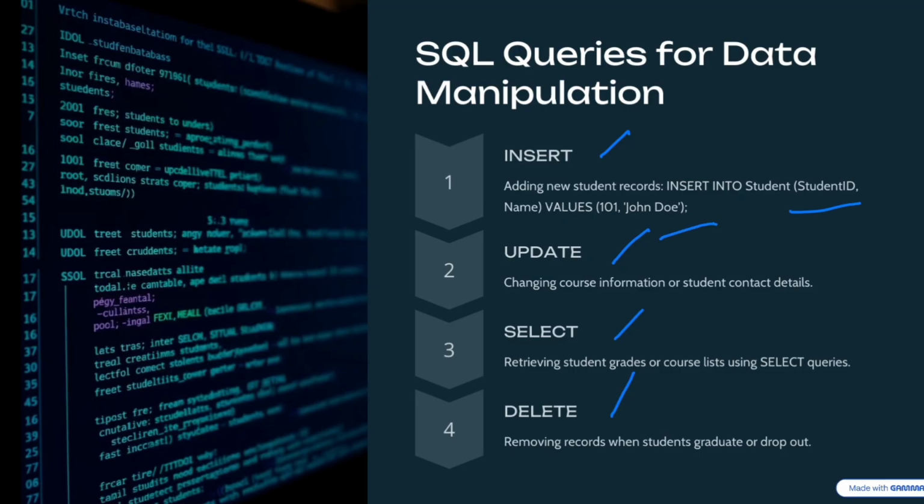Update is for changing course information or a student's contact details. Select retrieves the student grades or course list. Delete removes a record when a student graduates or drops out. This is about SQL queries and data manipulation.